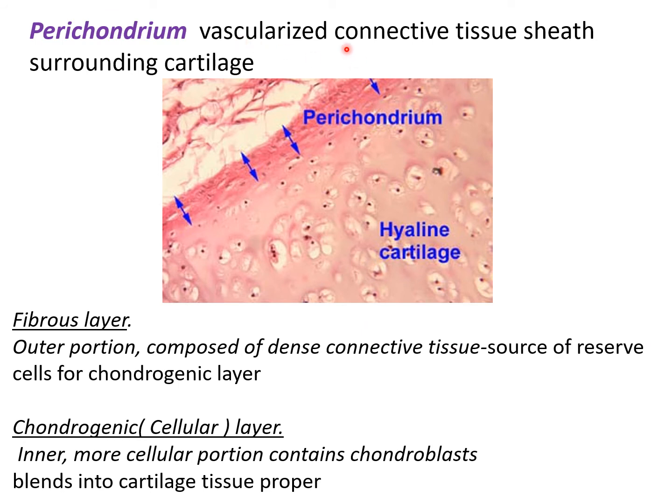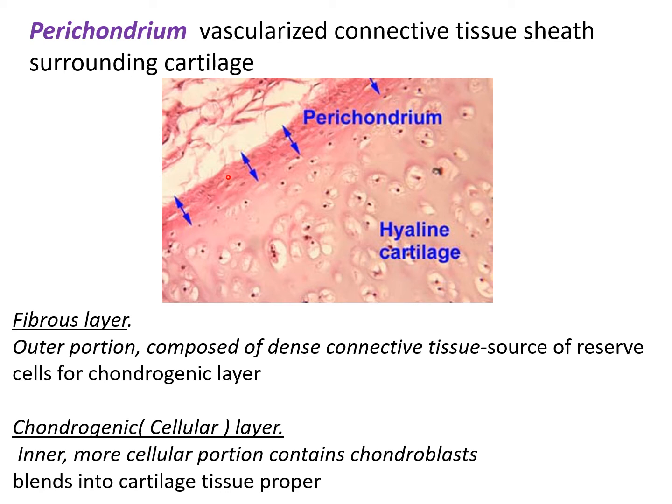The perichondrium is the vascularized connective tissue sheath which is surrounding the cartilage and separating it from the surrounding structures which are present. In this case, you can see there is connective tissue present here, and this is the cartilage, and the perichondrium is separating it from it. The perichondrium consists of an outer fibrous layer, which you see here, and an inner chondrogenic layer. The outer fibrous layer is composed of type 1 collagen. It also contains the blood vessels.